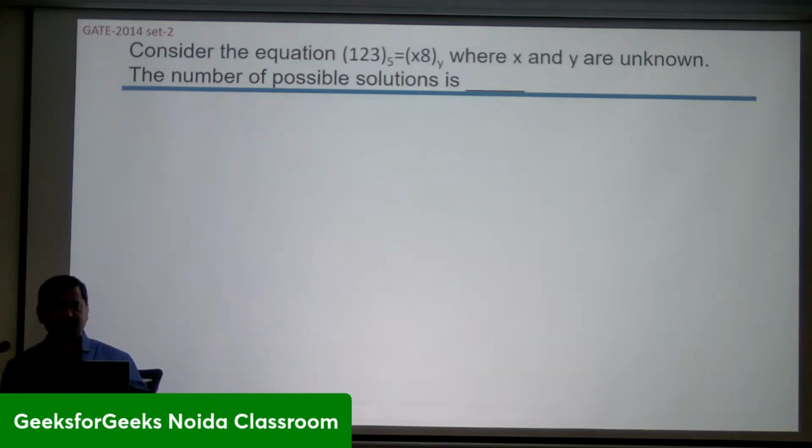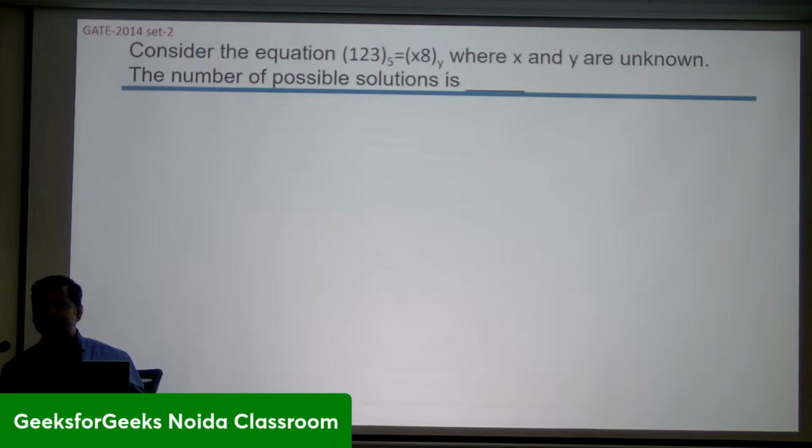This one is the question in set 2 of 2014. Very much similar to that question. Okay. But in that particular case, x and y are on different sides of the equation. Now it is on the same side.